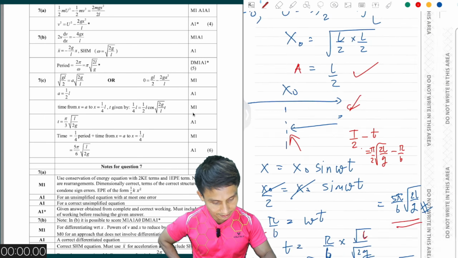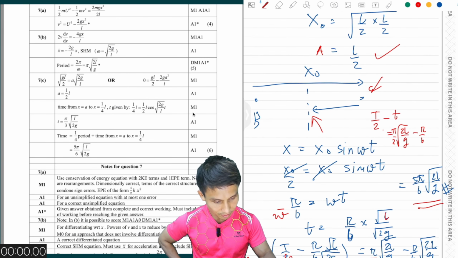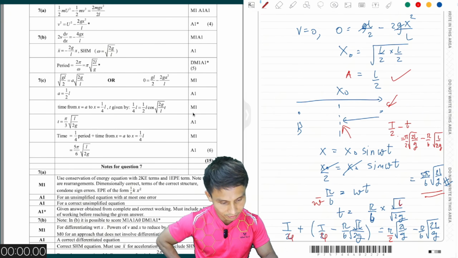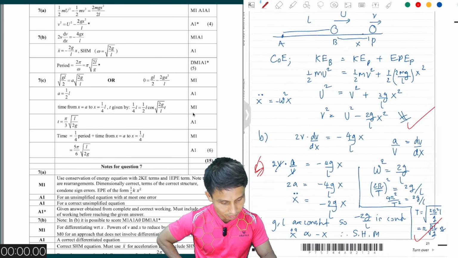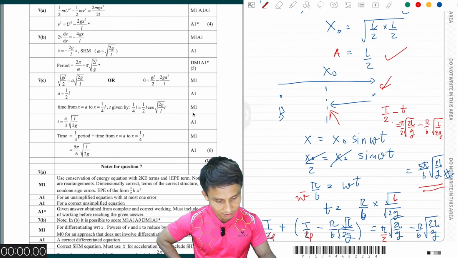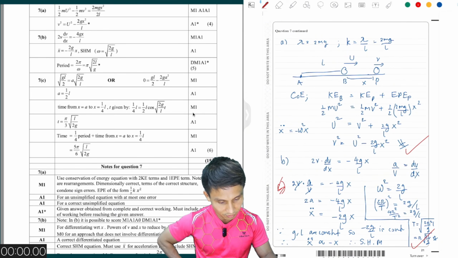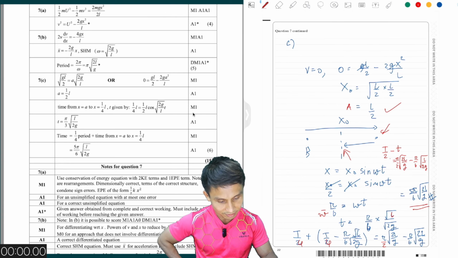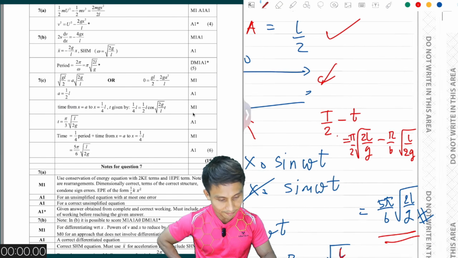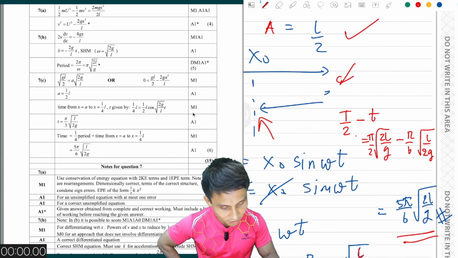Pi over 6, root L over 2G, yeah? Wait, hang on. Root 2L over G, that's 2L over G. Omega was root 2G over L. Yeah, that's right, okay.